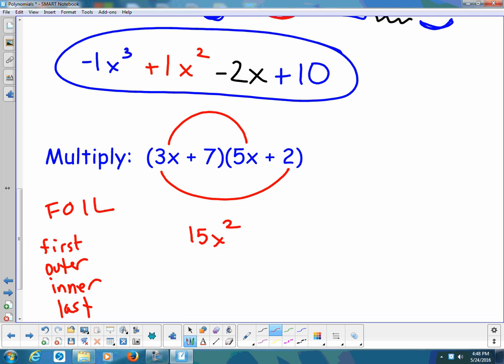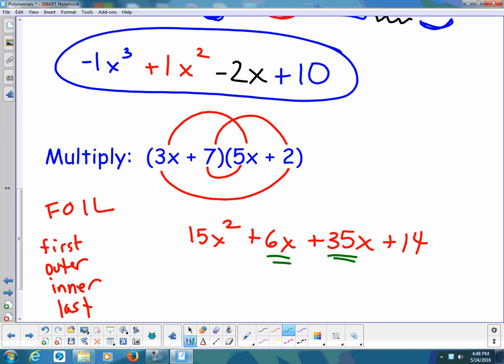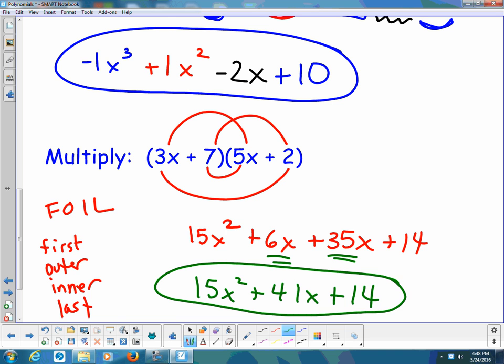Outer terms would be 3x times 2 is 6x. Inner terms would be 7 times 5x is 35x. And my last terms would be 7 times 2 is 14. I'm going to combine any like terms that I have, and I do have some. So I'm going to have 15x squared plus 41x plus 14 as my answer.